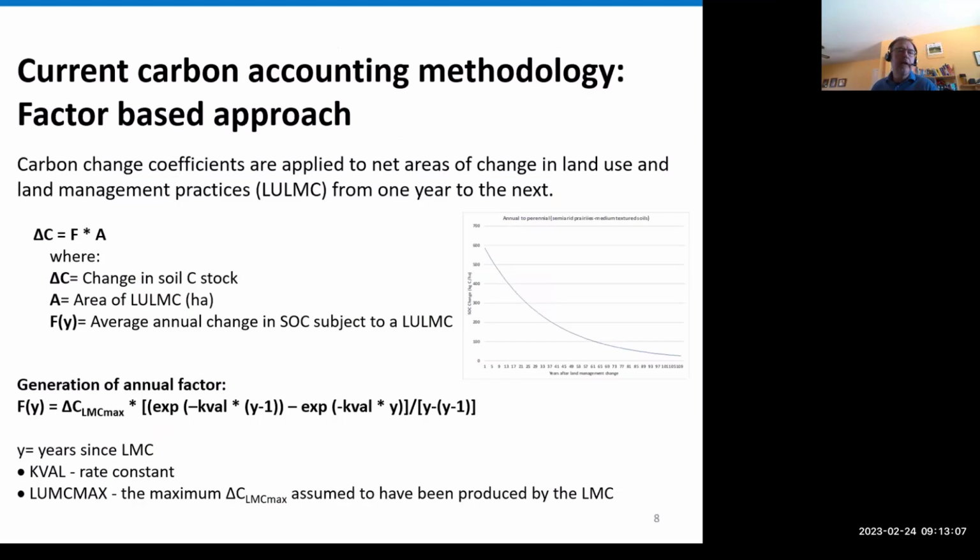The current modeling is done on a factor basis. So those factors are essentially applied to the net area of change within that land use. So for a change from annual cropping to perennial cropping, there's a factor that has been calculated and developed through other modeling in order to capture what that change is, and then that is aggregated for the SLC.